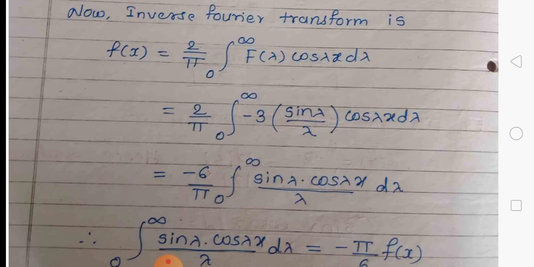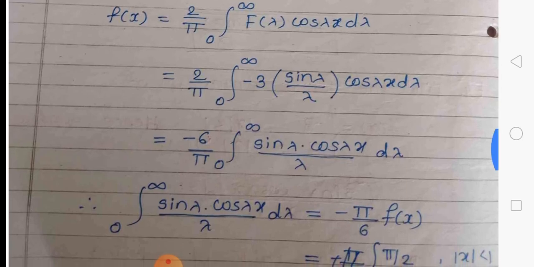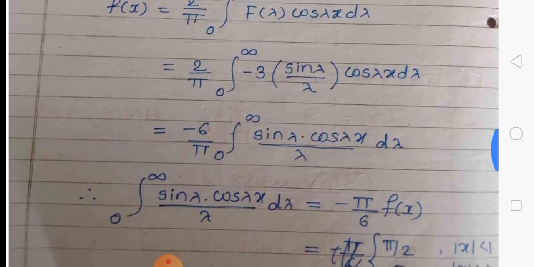Now we find the value of the function with respect to lambda. But here we want only the value of the integration from 0 to infinity of sin lambda cos lambda x upon lambda d lambda. Therefore, for simplification, we write this minus 6 upon pi on the LHS. Therefore, we get the value of the integration as minus pi upon 6 into f of x.